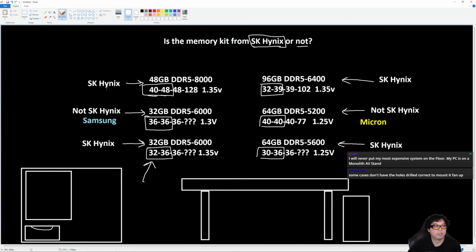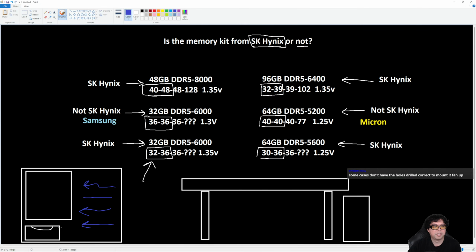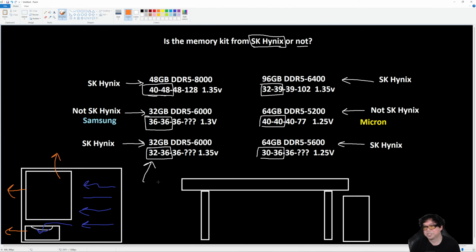So if I've got fans here with air coming in like this, air flows in this way from the front, the power supply will pull in air from the intake fans and it'll exhaust it out the back. Hot air exhausting out the back or through the top.